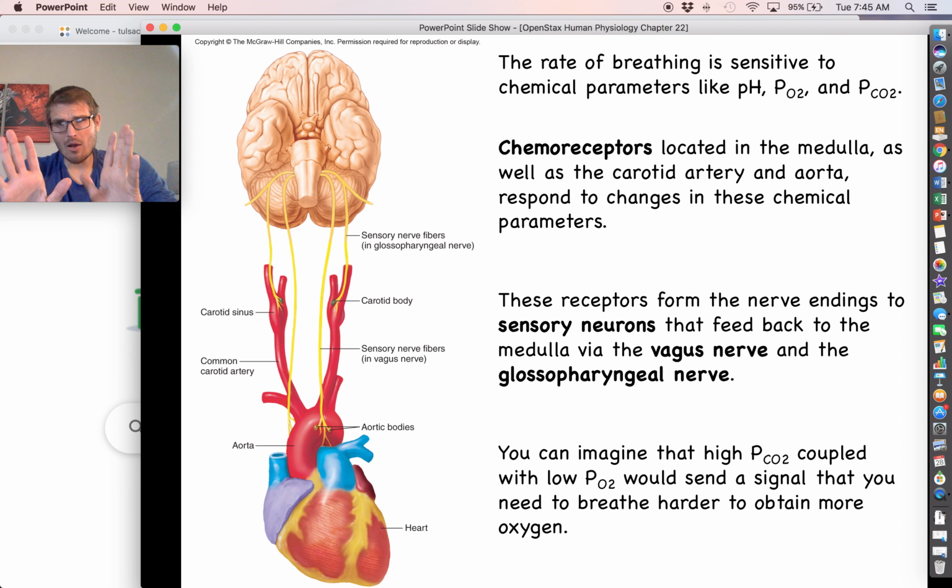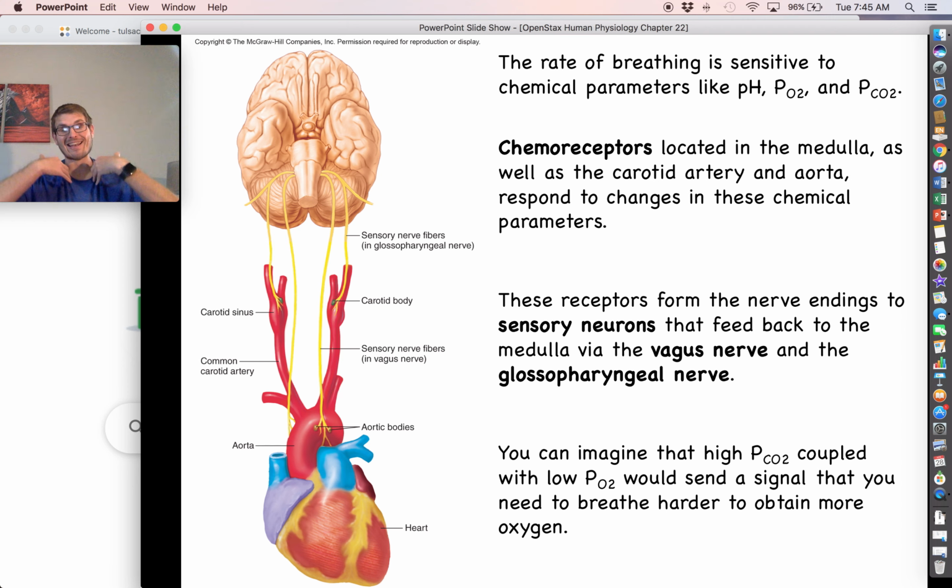So let's hold off on talking about pH for the time being. It's going to require a little bit of an explanation for you to really understand how the blood pH acts as a signal for how you need to alter your respiration. Oxygen and carbon dioxide we can at least understand right away. If you're not breathing enough, if you're not getting enough oxygen into your body, you might expect your PO2 numbers to be a little bit low.